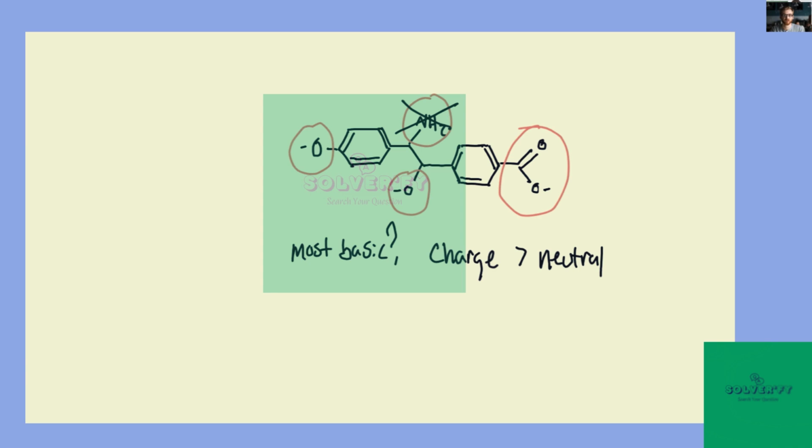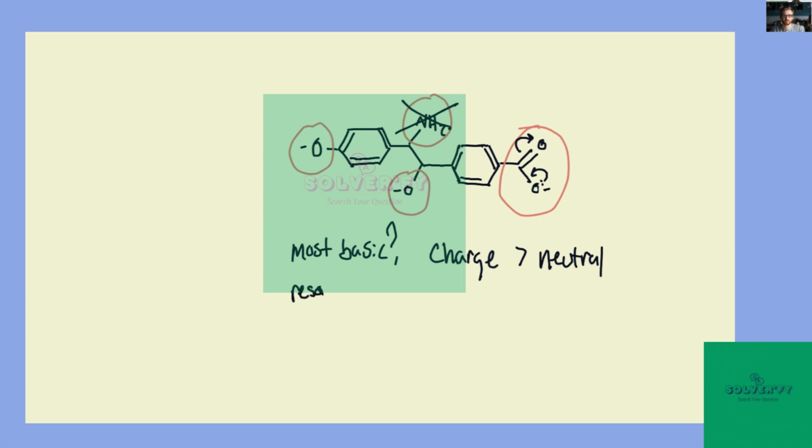species. And what I would point out is that this negatively charged oxygen is actually in resonance with the carbonyl oxygen. Which is to say that the negative charge is stabilized.